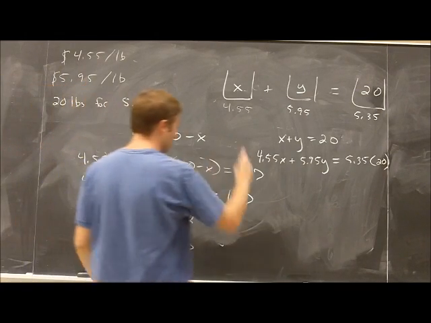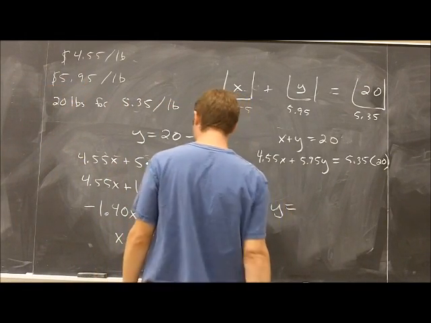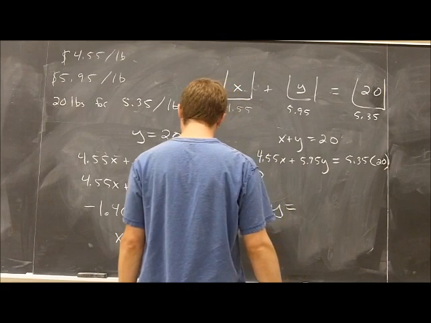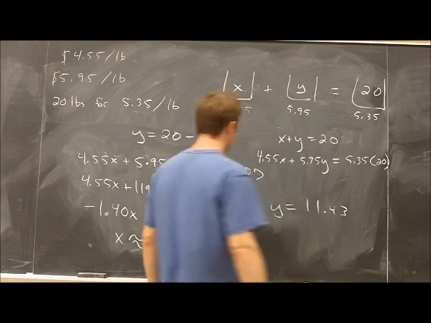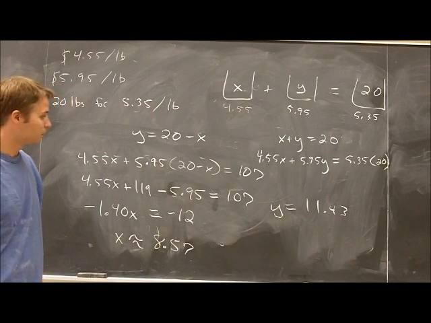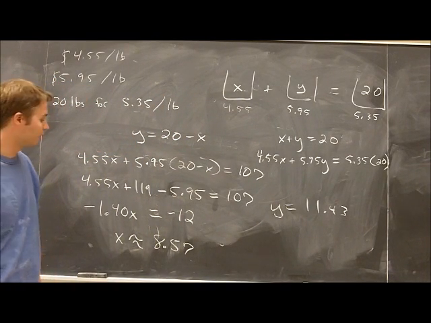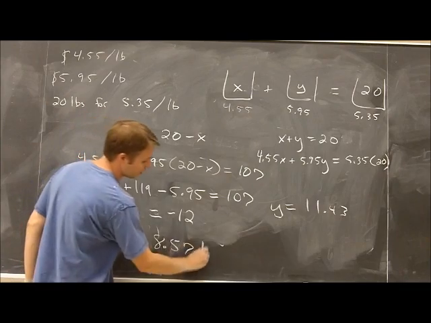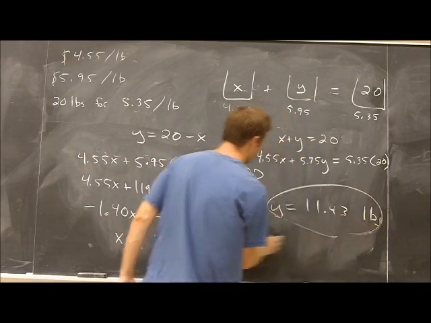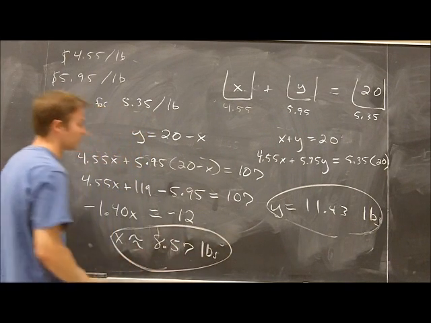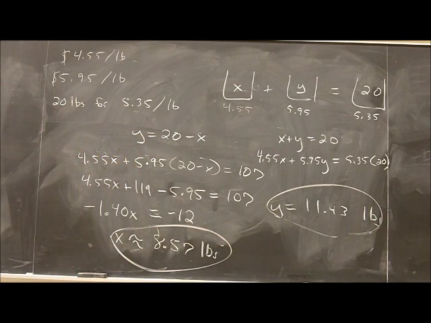And then we can use that to resubstitute in here to find out that y should be 11.43. And that should be the number of pounds we need. Remember, this is not the price, this is how many pounds of coffee. So those are our two mixtures that we should mix together.